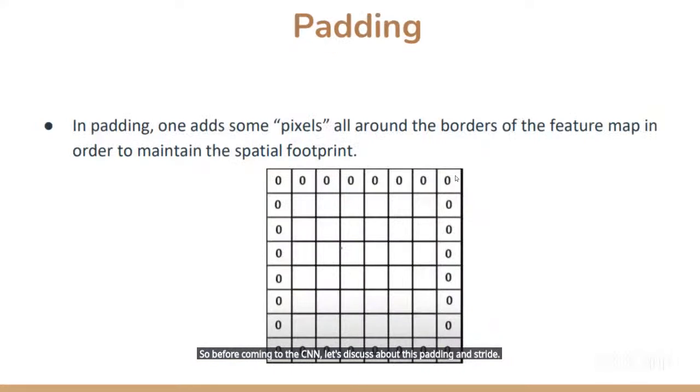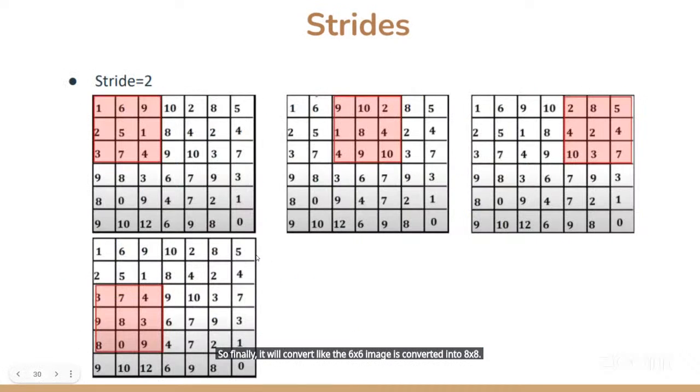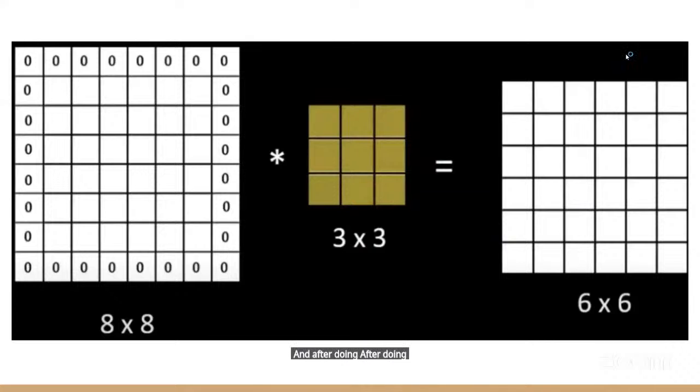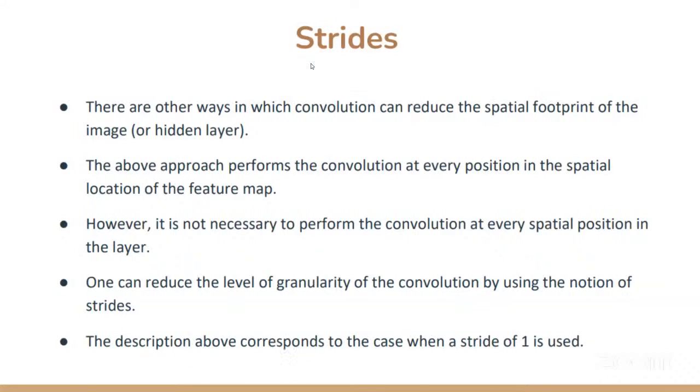So this is how we will do zero padding. We will add this 0 to the borders. So finally, the 6x6 image is converted into 8x8, and after doing the convolution, we will again get a 6x6 image so that there will be no information loss in it. If you have any doubts, I'll share this PPT also.